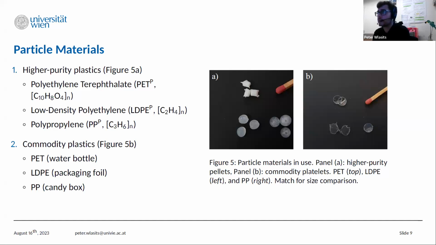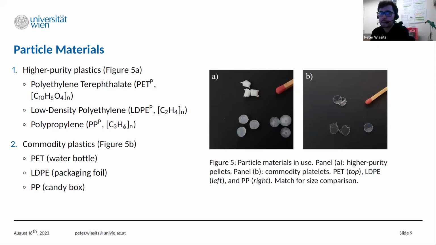And here on the right side, you can see two pictures. Panel A shows the higher purity versions, so the pellets that we externally bought. The top whitish ones are the PET. The lower left one is the low density polyethylene, and the lower right one is the polypropylene.